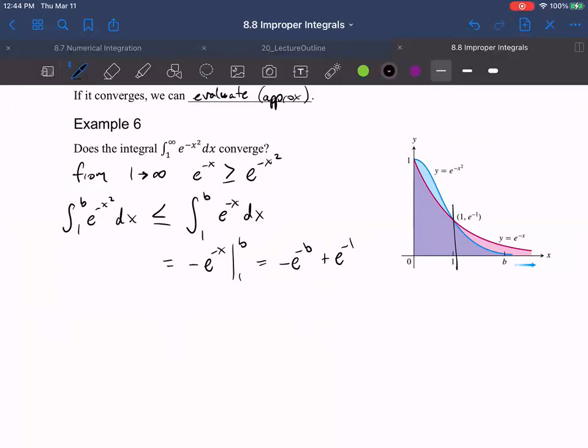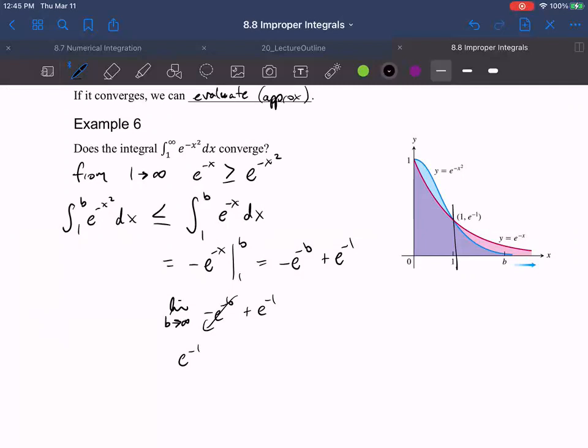And so when we actually take that limit, the limit as b goes to infinity of negative e to the negative b plus e to the negative 1, that's 0, right? And so we end up with just e to the negative 1. So it converges. And we therefore know that the other one also converges.